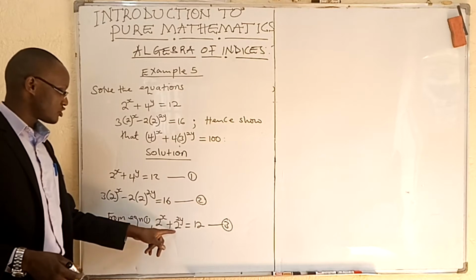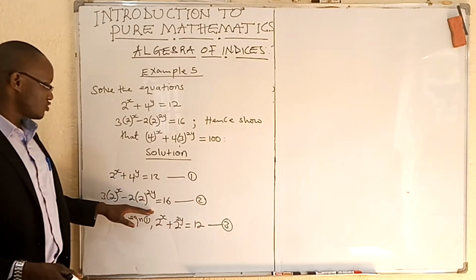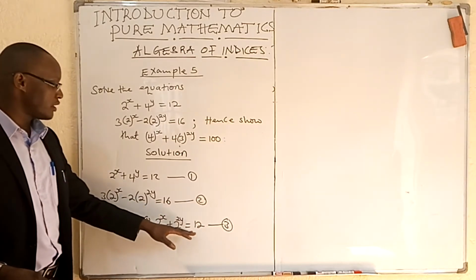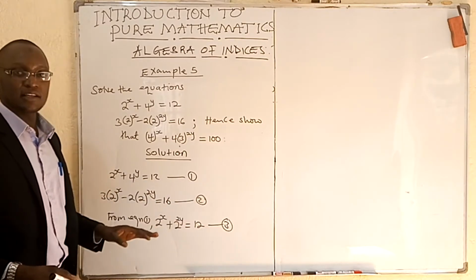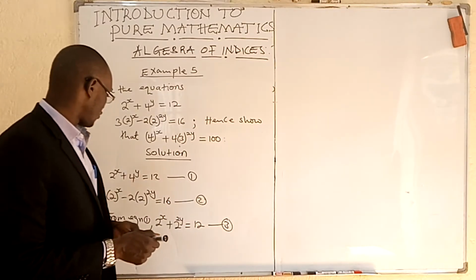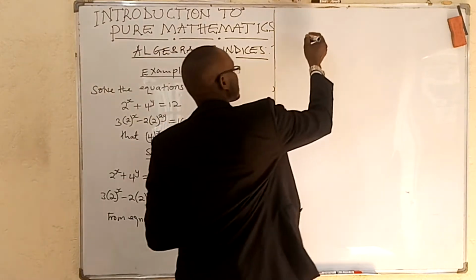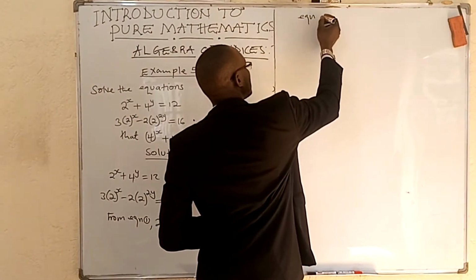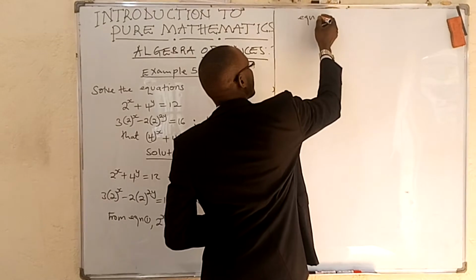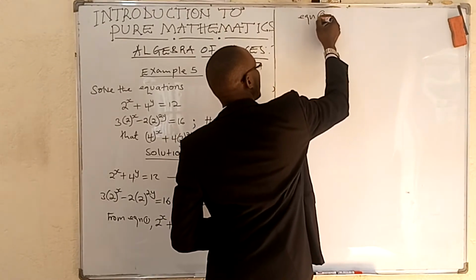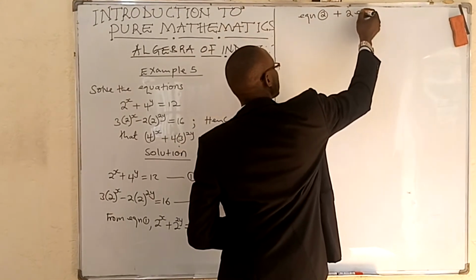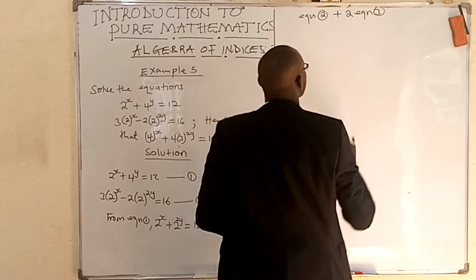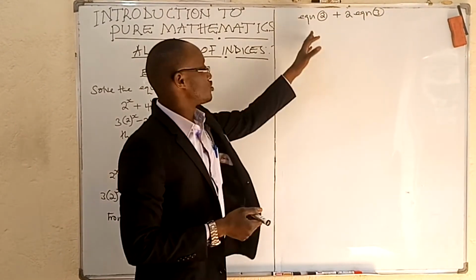If we multiply it by 2 and then add it to equation 2, we shall come up with a very interesting outcome. We can tell the examiner: equation 2 plus twice equation 3.